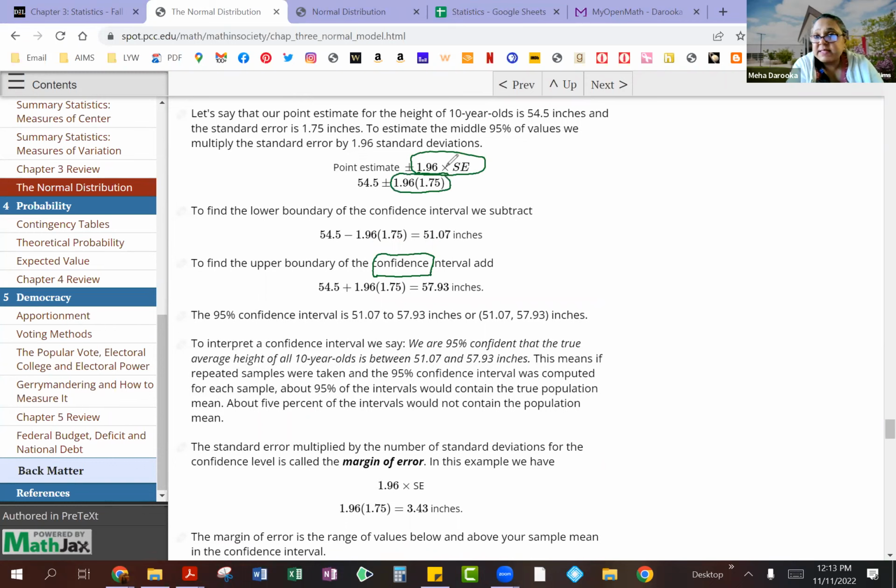So that's 1.96 times 1.75. And that's the same thing over here, which gives us 3.43 inches. And that's your margin of error. So from that mean of 54.5 inches, we're saying give or take 3.43 inches. And that's where most of the 10-year-olds' heights are going to fall. And that's what that margin of error tells you.